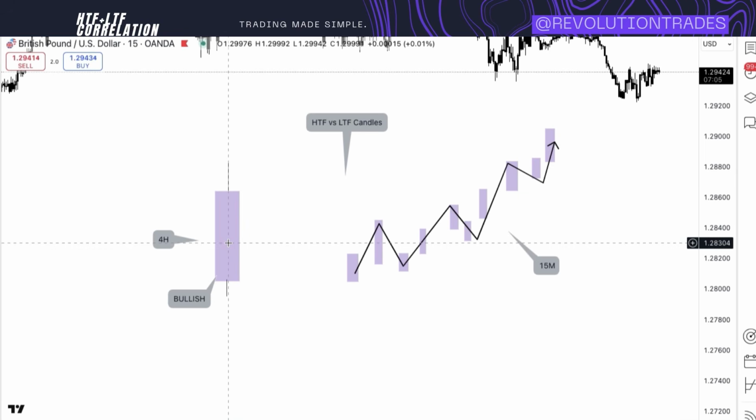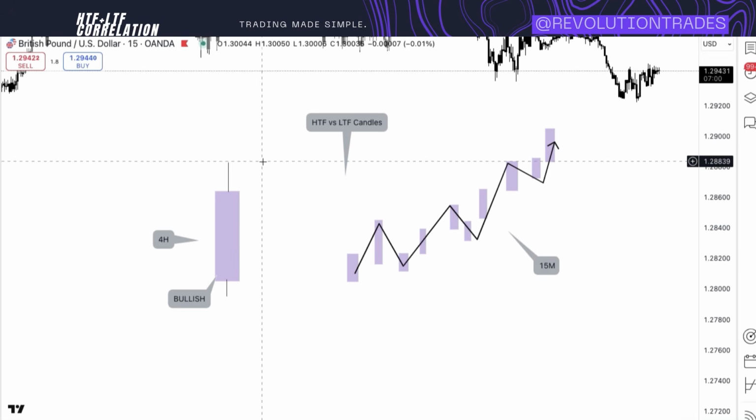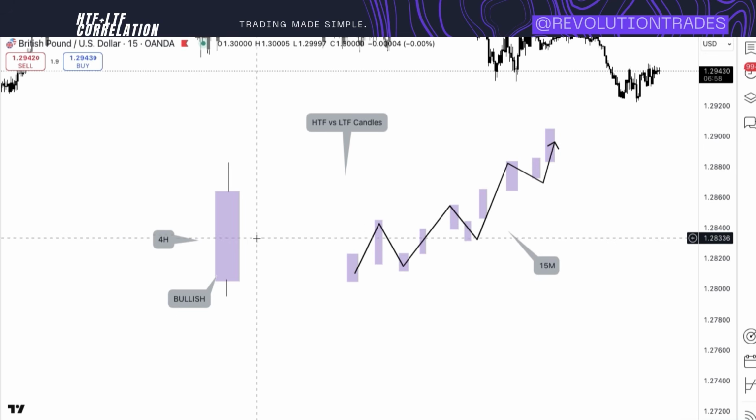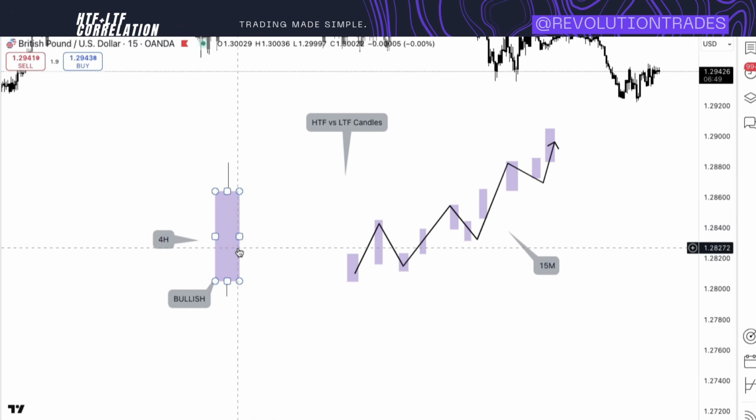It's about 16. So that being said, this strong bullish candle on the 4 hour time frame is just 16 candles on the 15-minute time frame, creating the structure of whatever the candle is, if that makes sense.